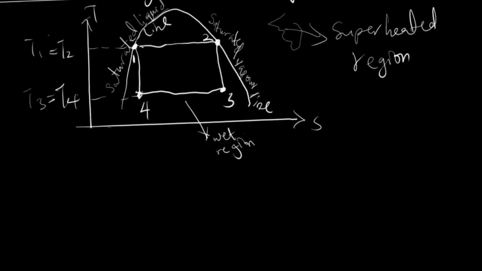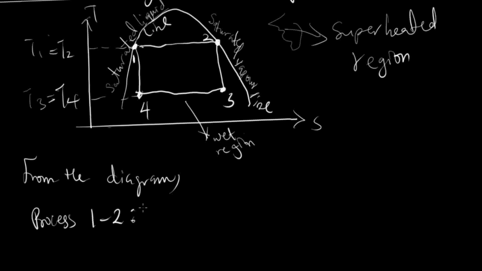Why the diagram? What does this diagram mean? From the diagram, process 1-2 is isothermal, constant temperature, isothermal heat addition.